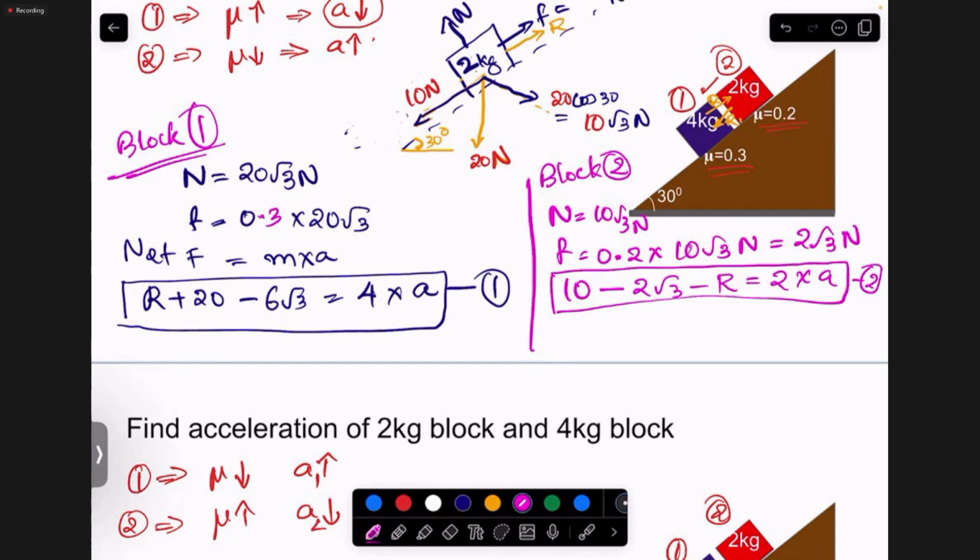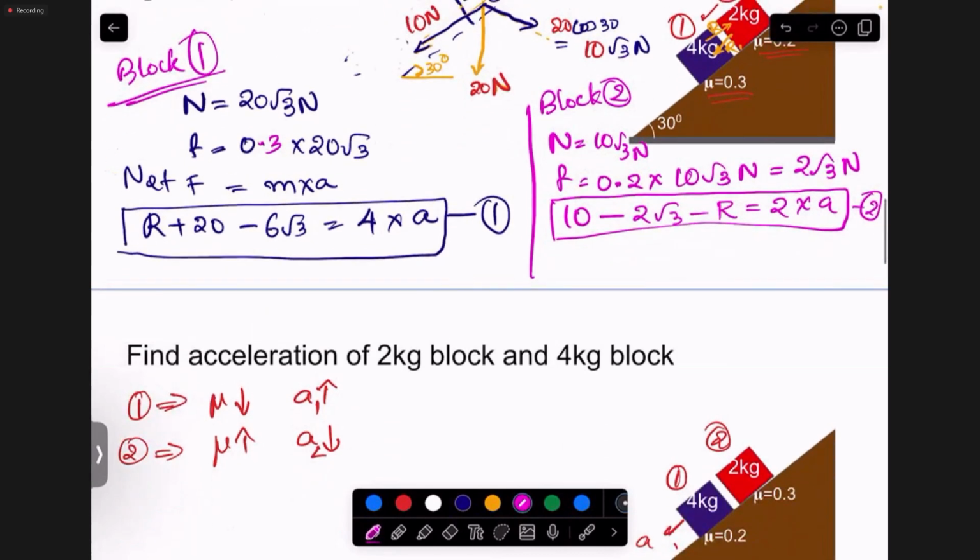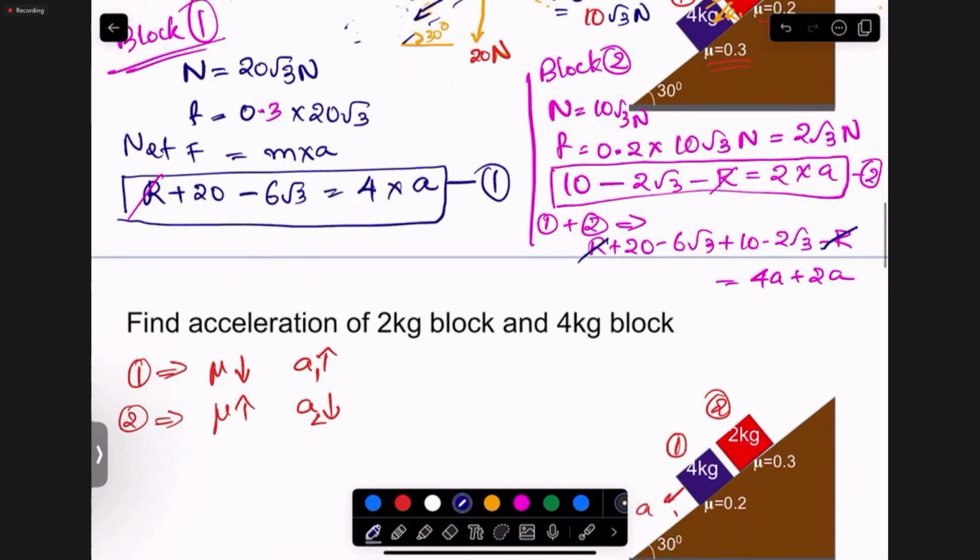Adding these two will get rid of the R term. So equation 1 plus equation 2 will give R plus 20 minus 6 root 3 plus 10 minus 2 root 3 minus R equal to 4A plus 2A. So R and R cancel out, and the remaining will be 20 plus 10 is 30, minus 6 root 3 plus 2 root 3 is 8 root 3, equal to 6A.